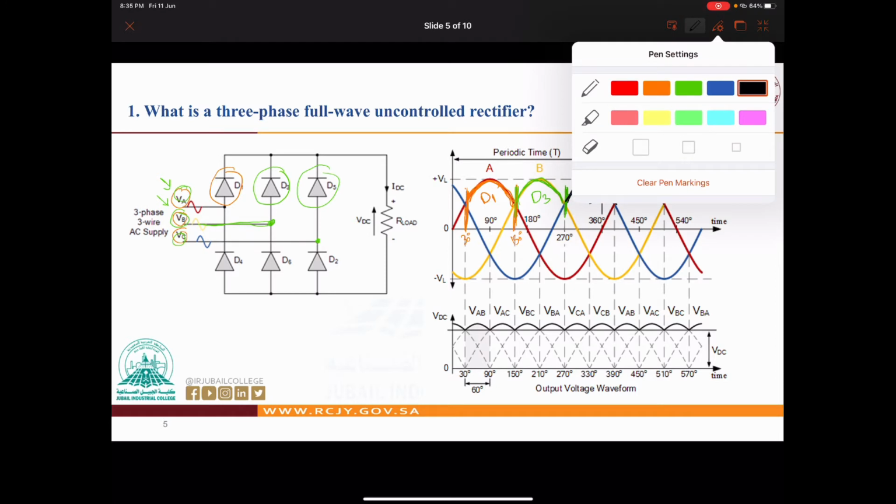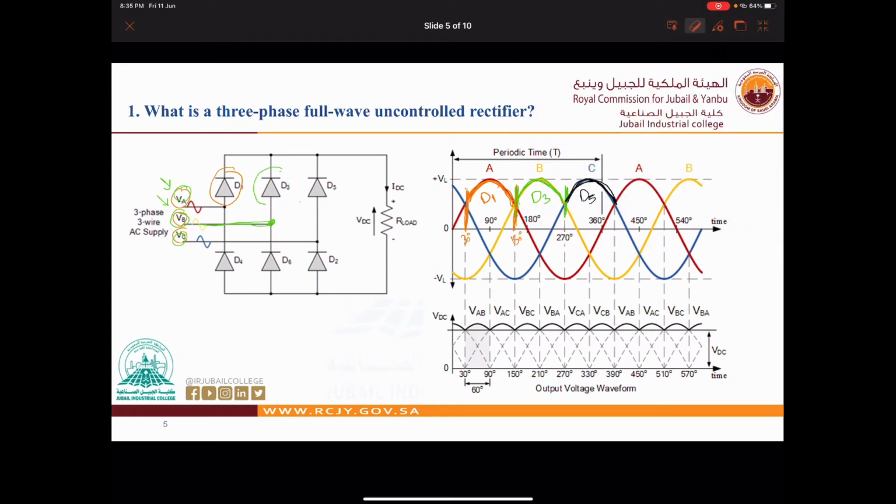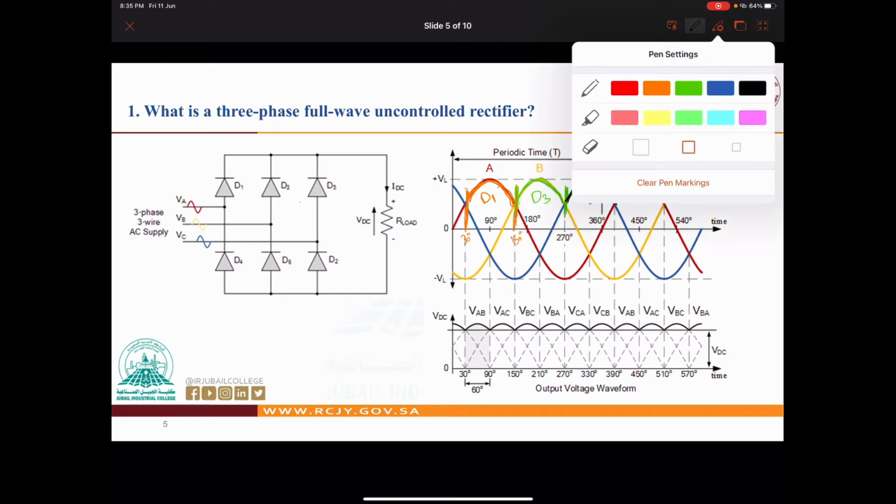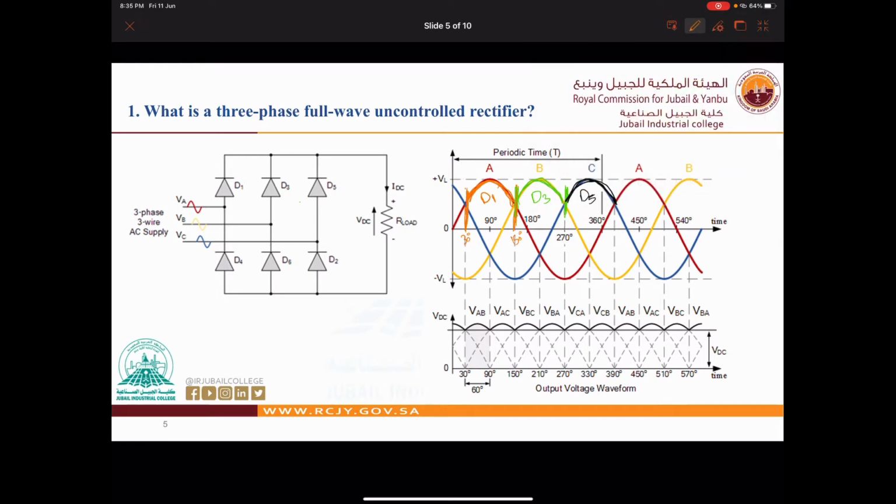Now let us see the negative cycle. For the negative cycle, VA should be the lowest of VB and VC, the lowest value.